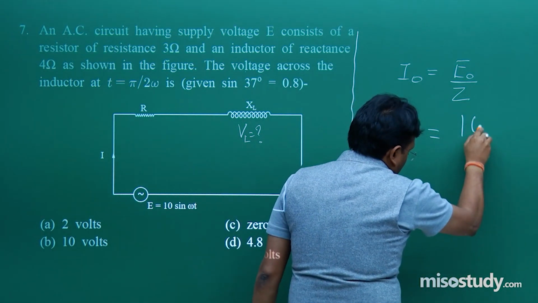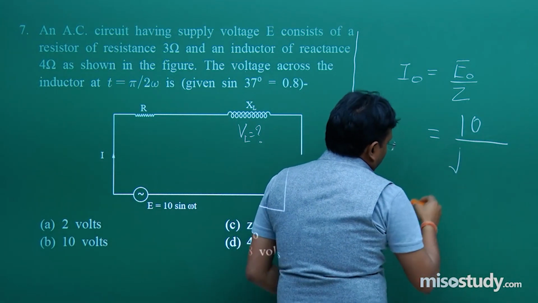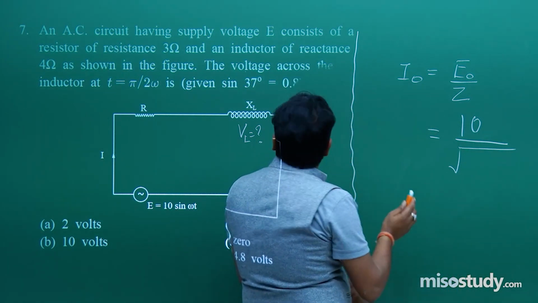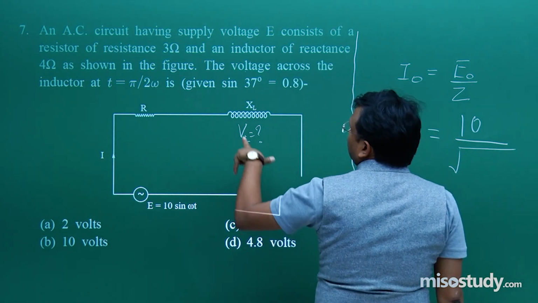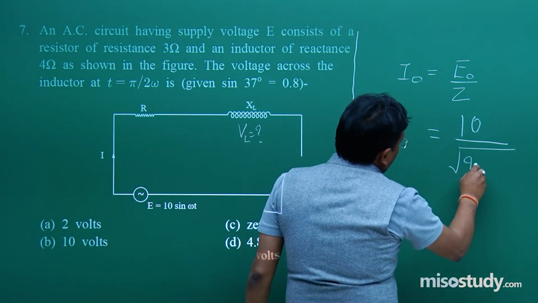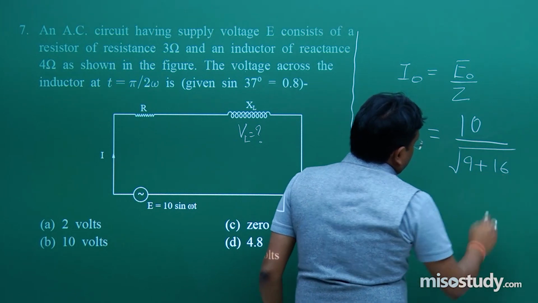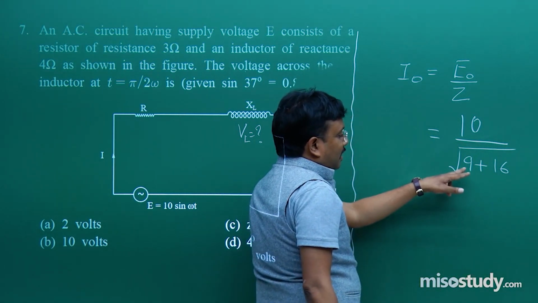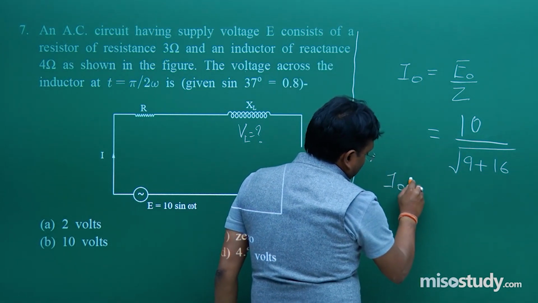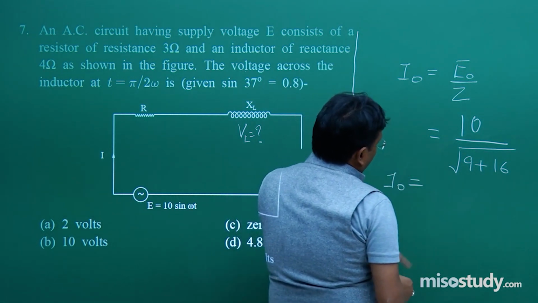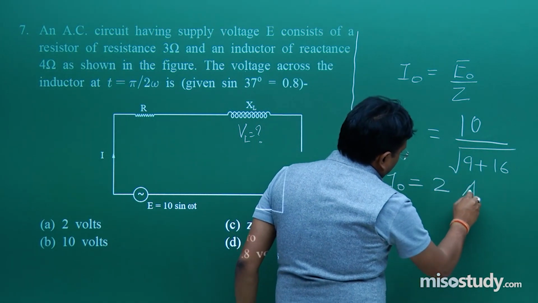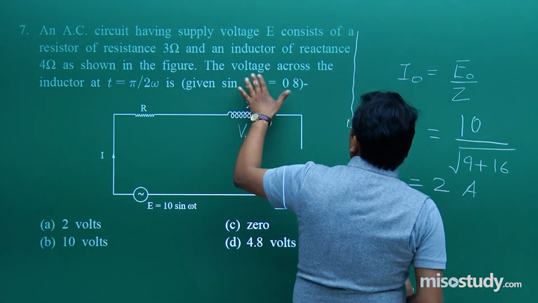So, it is 10 upon under root of 3 squared plus 4 squared. So, 3 3s are 9 plus 4 4s are 16, 16 plus 9 is 25, root of 25 is 5. So, I naught is equal to 10 by 5, that is 2 ampere.